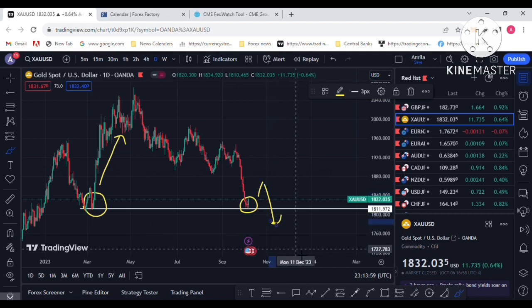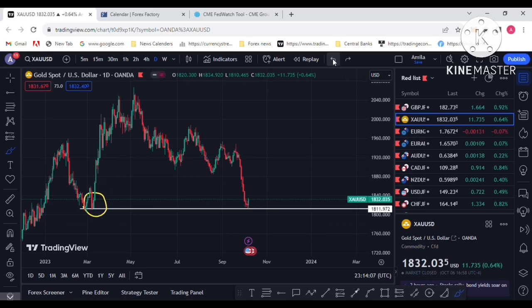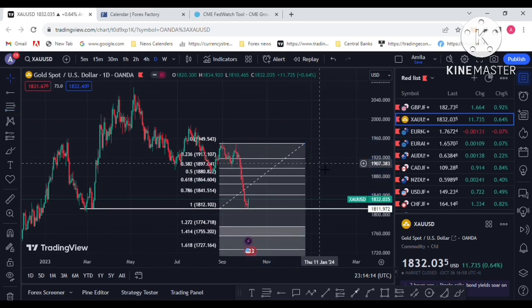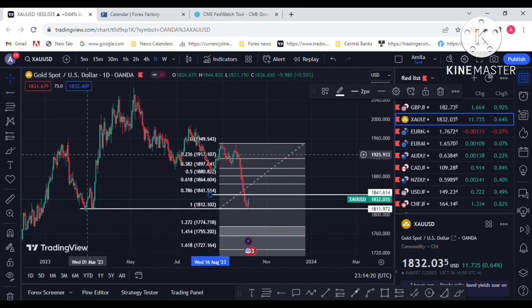So which level will the price retrace to? I am using Fibonacci to find the level you can buy from and the level the price will reach. I am applying Fibonacci to this huge deep drop movement of the last 2 weeks.